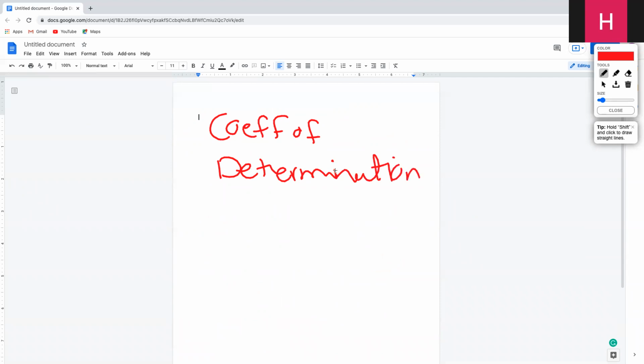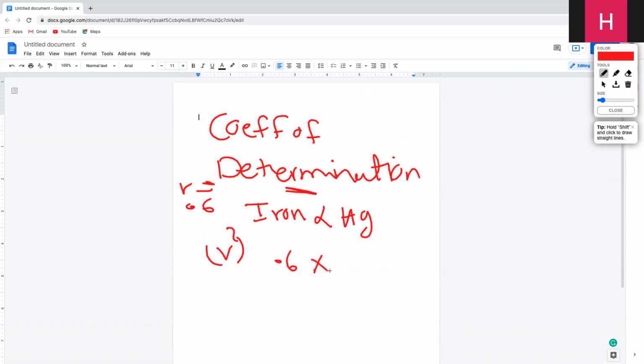So what is the coefficient of determination? In the example I gave you, if I tell you that R equals 0.6, and this is the relationship between the iron and the hemoglobin, for example, and I ask what the coefficient of determination is, it will be the square of this R, 0.6 times 0.6, so it will give you 0.36. What does 36 mean? It means that 36% of the variation in the hemoglobin was explained by the iron level.